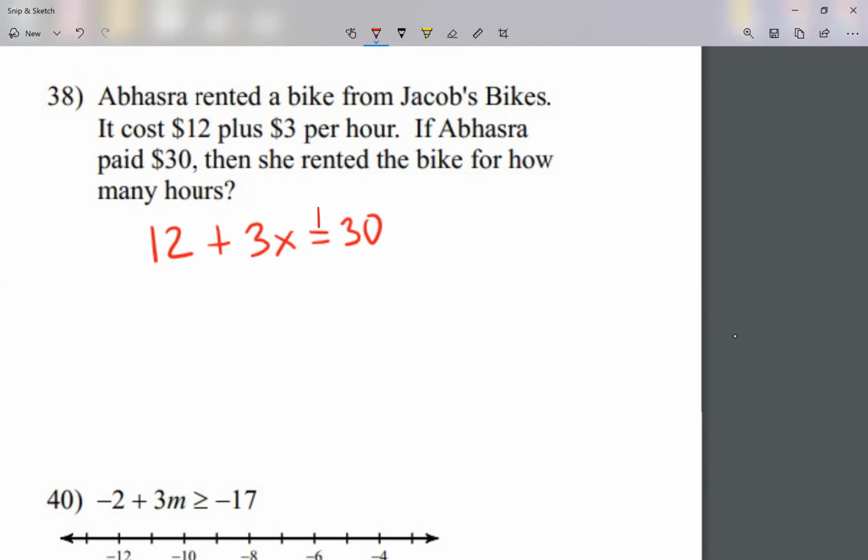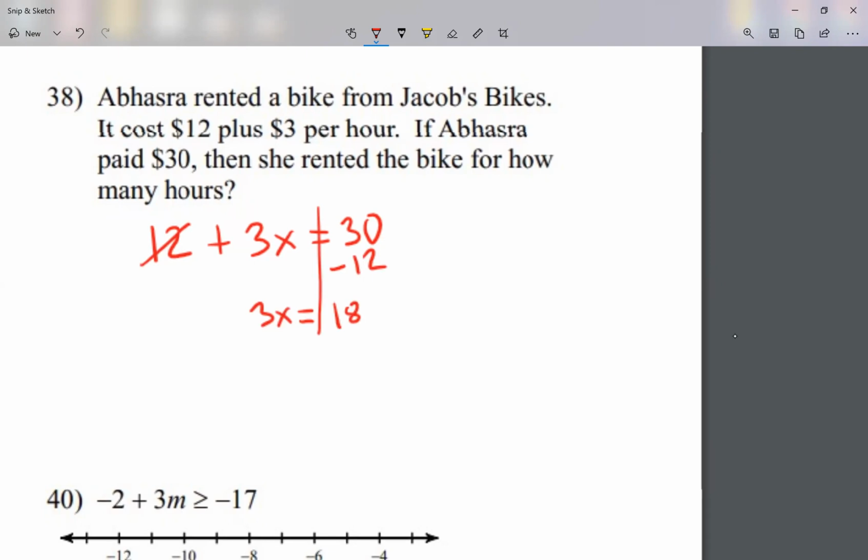So I'm going to solve for x. Let me separate them through the equal sign. I want the 3x by itself, so this positive 12, let me move to the other side as a minus 12. Don't forget to switch the sign. So I have that 3x equals 30 minus 12, which is 18.